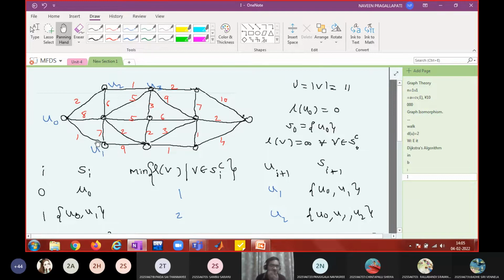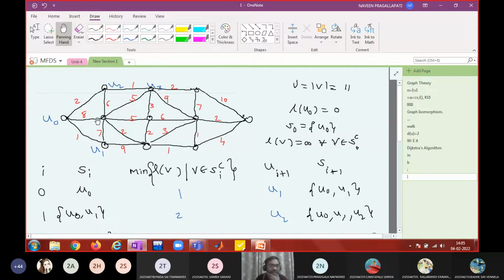For that, you need to find the shortest distance from each node to the source node. Among those distances, you find the minimum distance. That corresponding node is going to be the nearest to the source node, among the rest of the nodes.